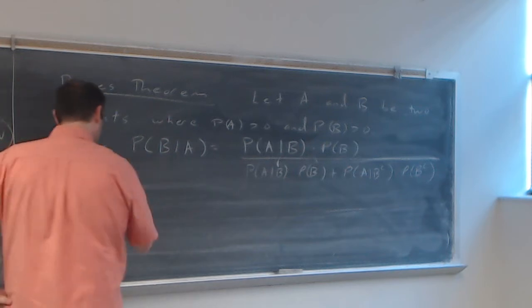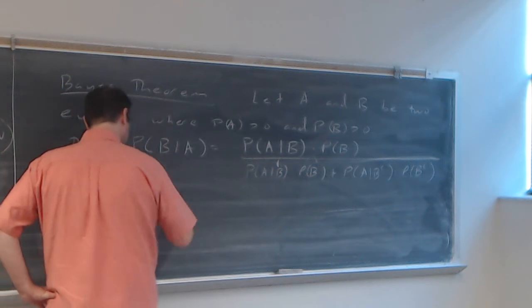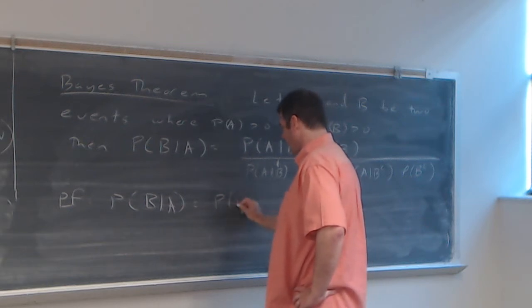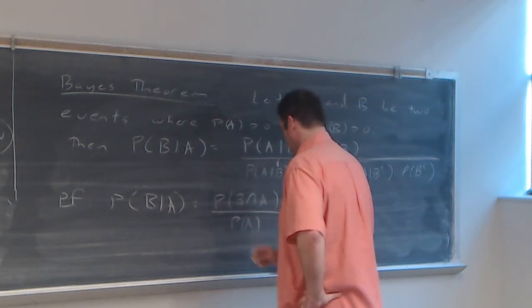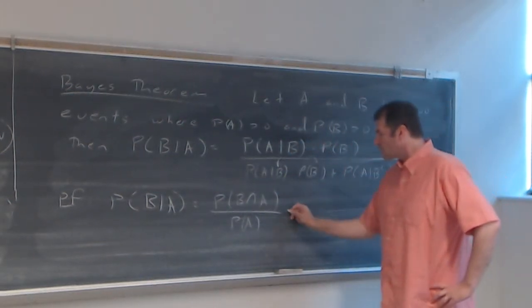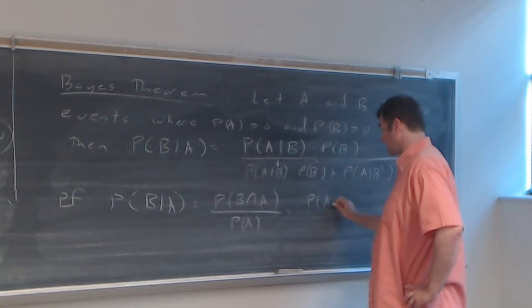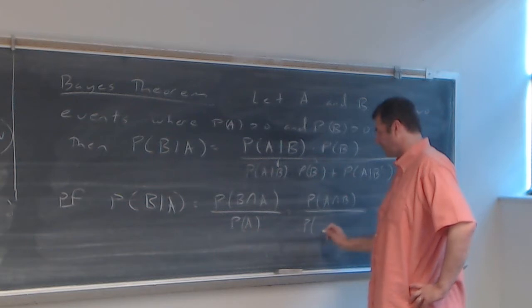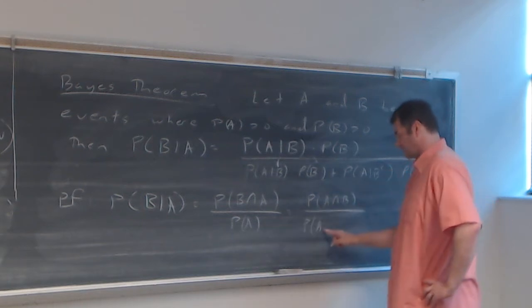Okay, so we'll start over here on the left-hand side with the probability of B given A. By definition, that's the probability of B intersect A all over the probability of A. Well, the probability of B intersect A can be thought of as the probability of A intersect B. And the probability of A, the way that I'm going to rewrite that, is I'm going to rewrite it as the probability of something that's equal to A. Okay, so what's A?